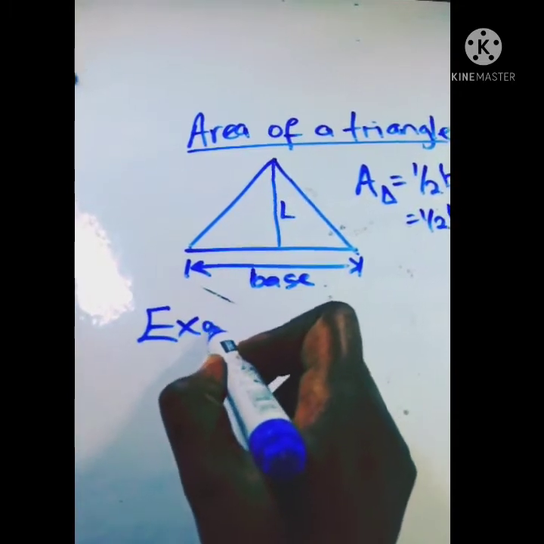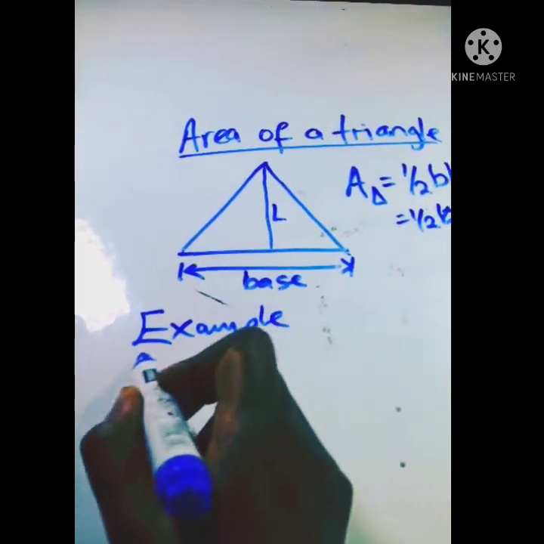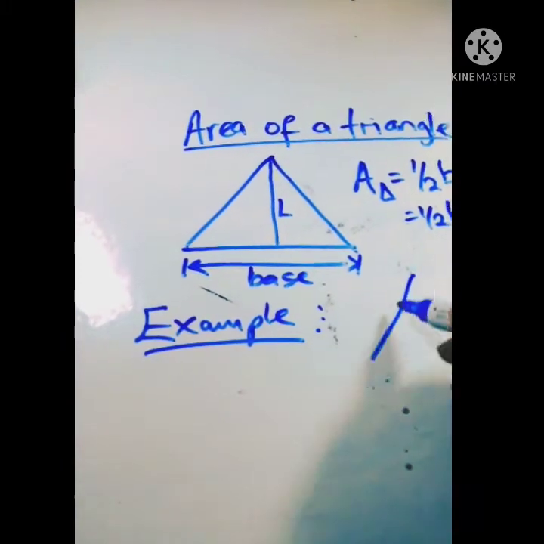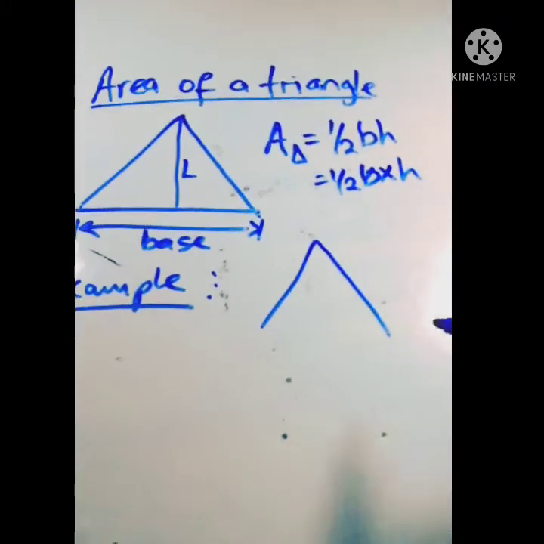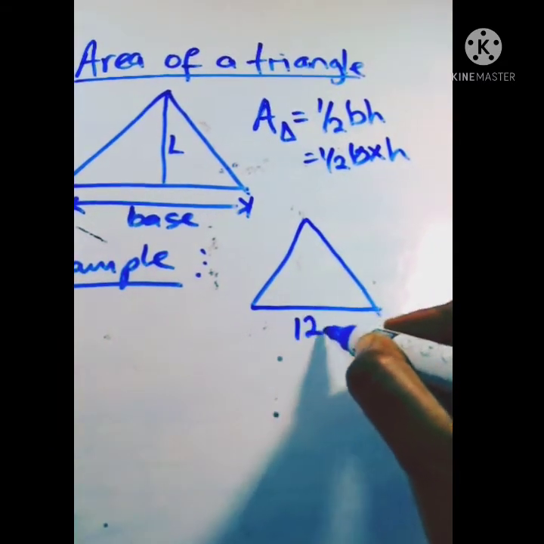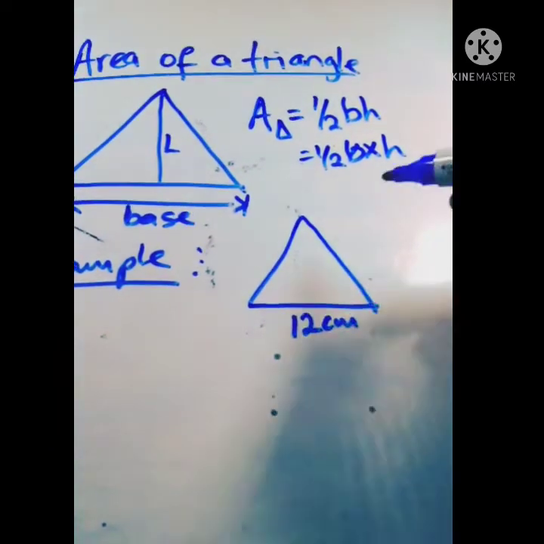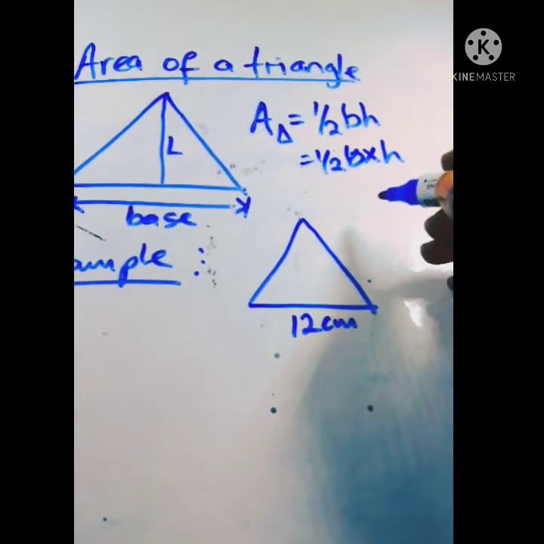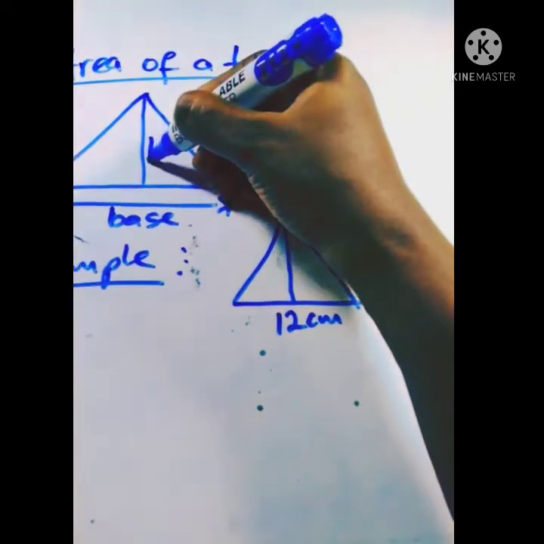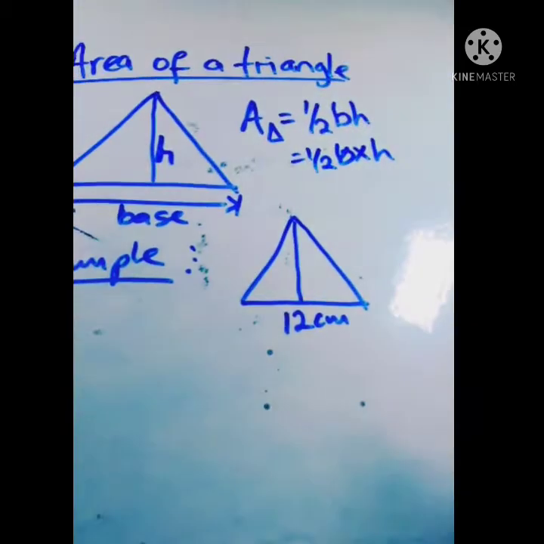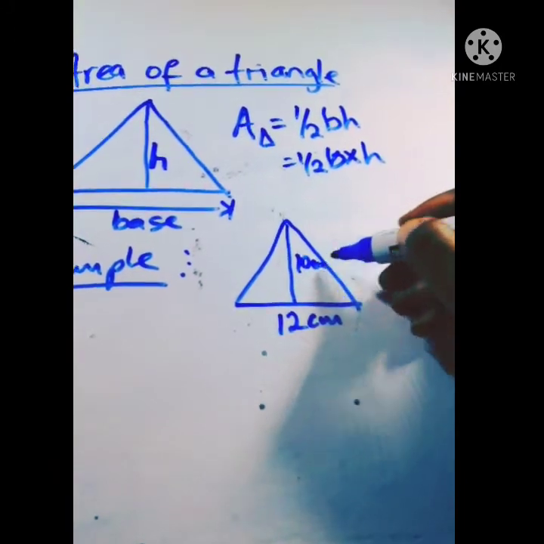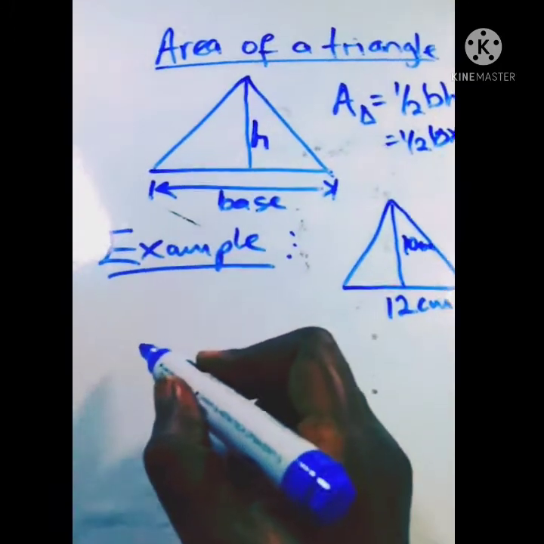For example, we may have a question that says find the area of a triangle that has a base of 12 centimeters and a height of 10 centimeters. So how do we solve it?